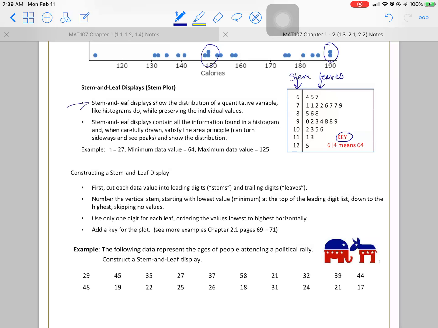It says over here that stem and leaf displays show the distribution of quantitative variables, right? All numbers. Like histograms do, preserving individual values. So with dot plots and stem and leaf plots, you can see each individual value, but on a histogram you can't. So that's an advantage. So obviously stem and leaf and dot plots are good for a small set of data.